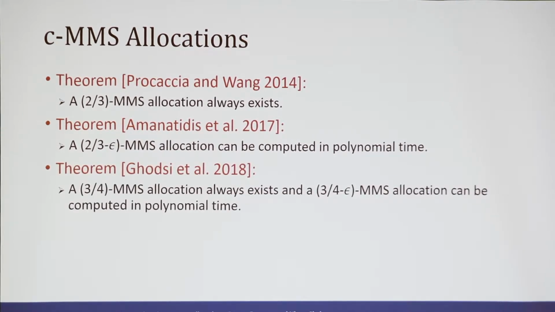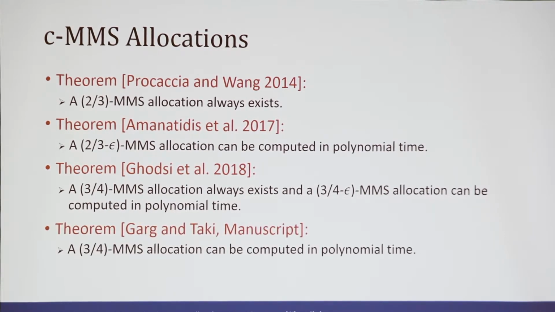Then it was shown that you can always guarantee a 3/4 MMS approximation and a polynomial time 3/4 minus epsilon. And most recently, in an unpublished manuscript, it's been shown that you can in polynomial time compute a 3/4 MMS approximation.